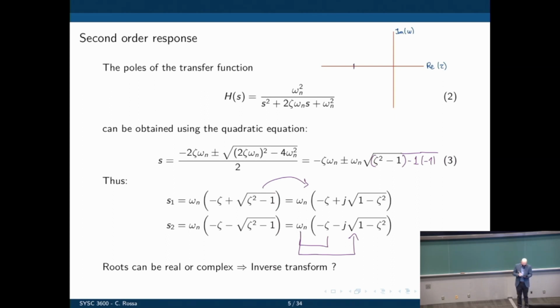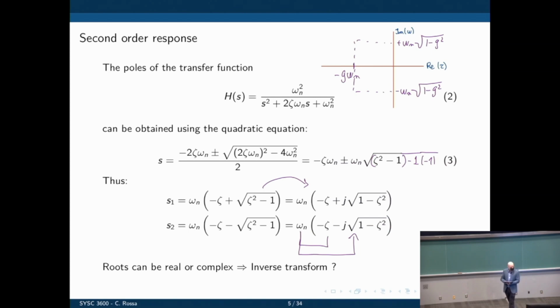The real part is negative zeta omega n. And the imaginary component might be negative omega n square root of 1 minus zeta squared, and plus omega n square root of 1 minus zeta squared.